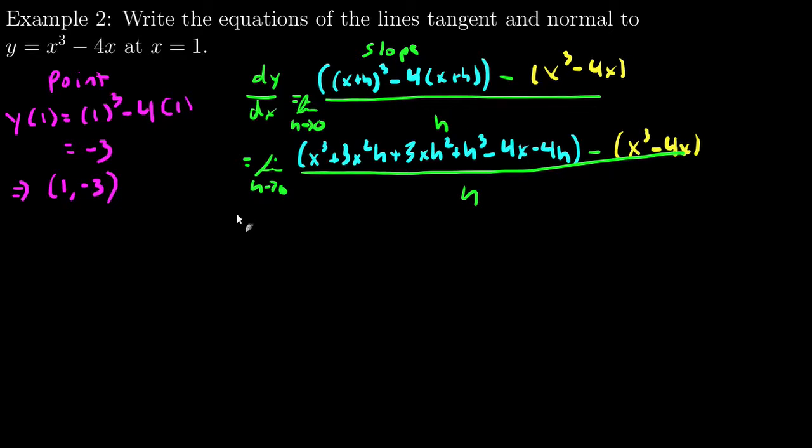And in here, some stuff cancels out. The x cubed cancel. The negative 4x's cancel.